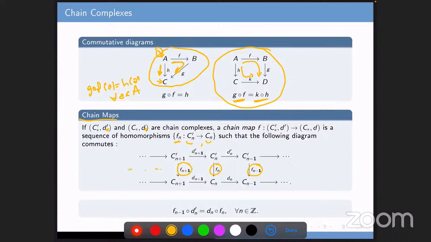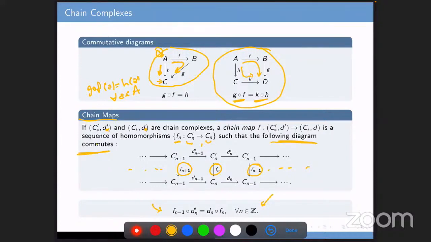So this sequence of homomorphisms altogether is called a chain map from the chain complex C star prime to C star. But if this condition is satisfied, we need this commutativity where the following diagram commutes.